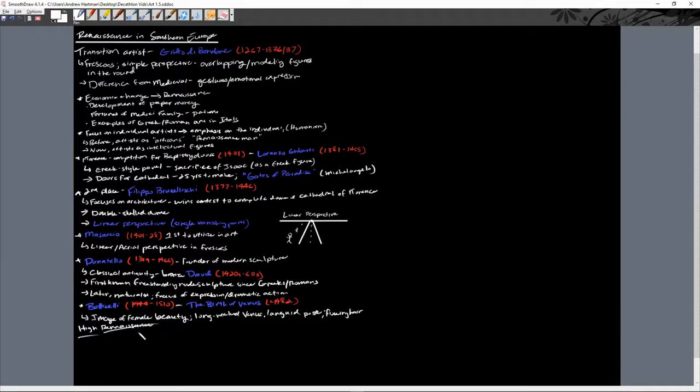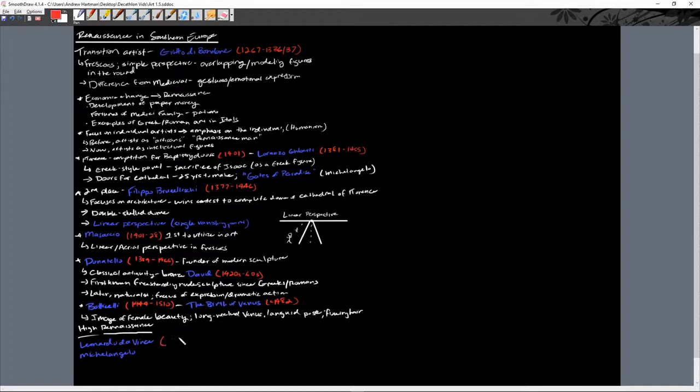Okay, and we have quite a few artists that you probably know from this era, but also quite a few you probably don't. And the two, of course, that we want to focus on the most are Leonardo da Vinci and Michelangelo Buonarroti. But nobody calls him by his full name, right? It's always just Michelangelo.